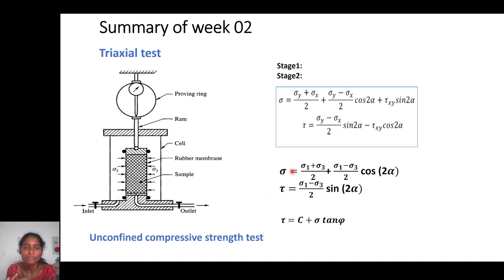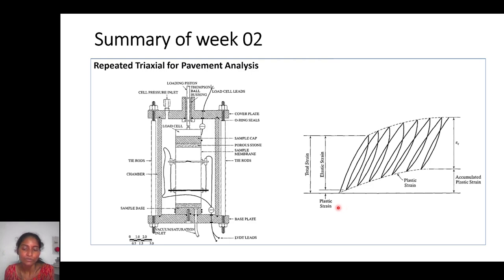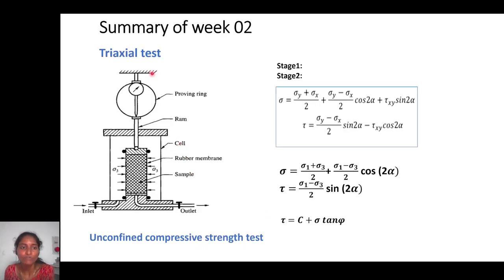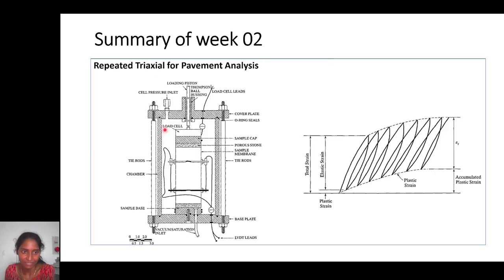So based on these two equations, we can calculate the normal stress and shear stress. But if your criterion is to determine only cohesion and angle of internal friction, that also can be calculated.